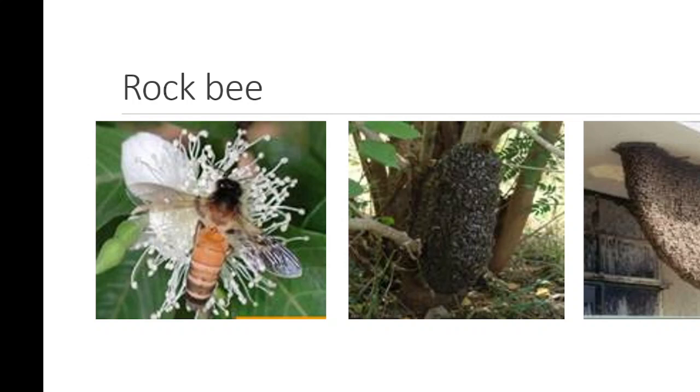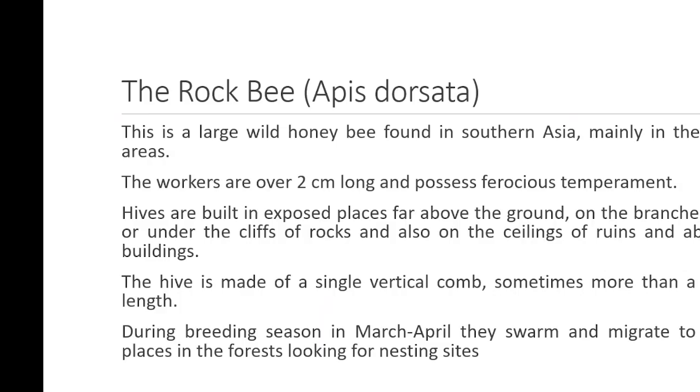So that is why you find them in only tall buildings or very tall trees. It is an attempt to protect the hive from animals which feed on honey. That is why they build their hives in tall buildings, on the branches of trees, or under the cliffs of rocks. Sometimes below rocks we can find them.